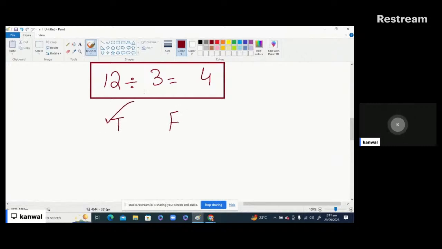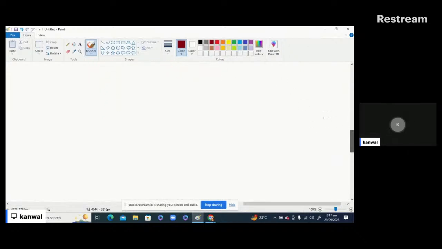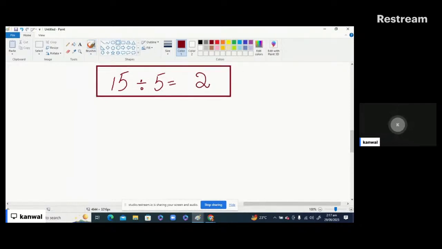So we click true, because when you divide 12 over 3 you get the answer 4. And if there is something like 15 divided by 5, for example, and the answer is 2 here, there are two options: the first one is true and the second one is false.